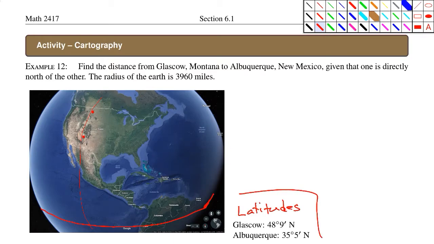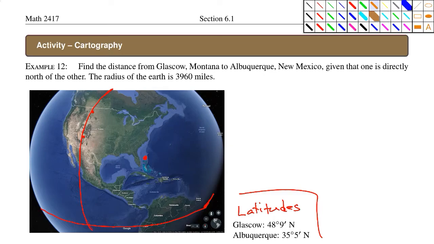So the idea is the following. The longitude line is basically a circle that goes around the Earth through the poles and through the equator. If I put in the center of the Earth, this dot right here represents the core of the Earth, and then I can project out this way.